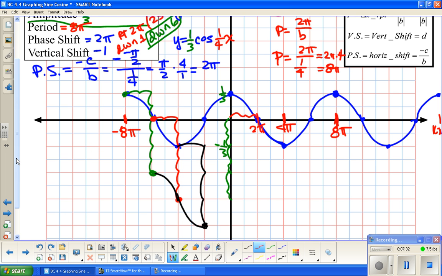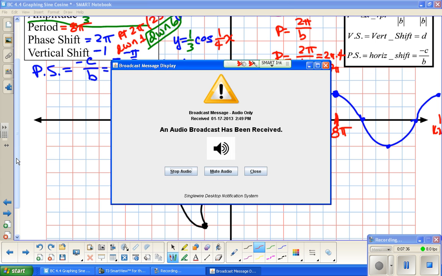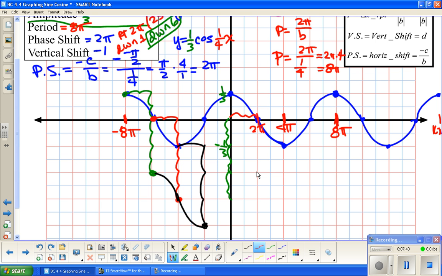Now, sometimes you can do this relative to what's going on. So I moved right 2 squares, down 6: 2, 4, 6.